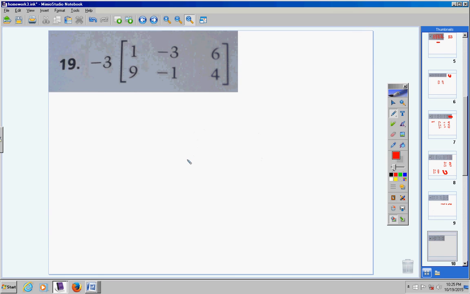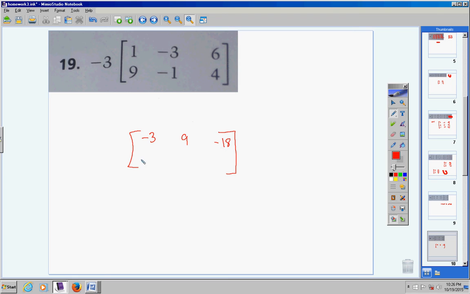Alright, moving on to numbers 19 and 21. The directions say to multiply by the scalar that is given. So here we go. We're taking this matrix here and we're multiplying it by a negative 3. So take your negative 3 and multiply it through. Negative 3 times 1. Negative 3 times negative 3. Negative 3 times 6.